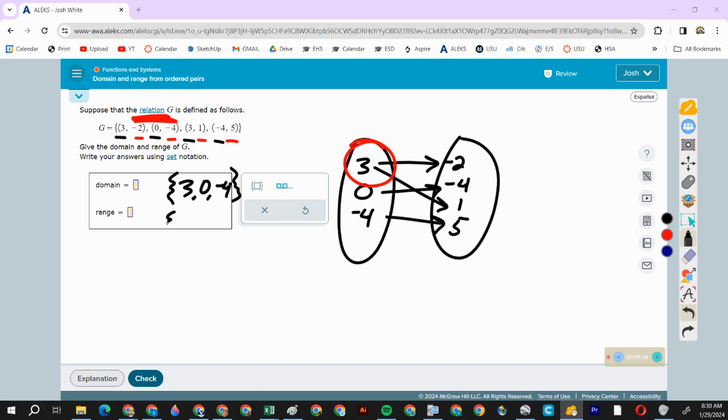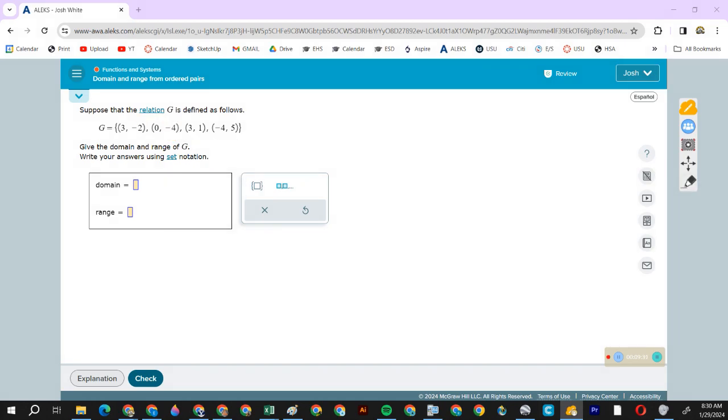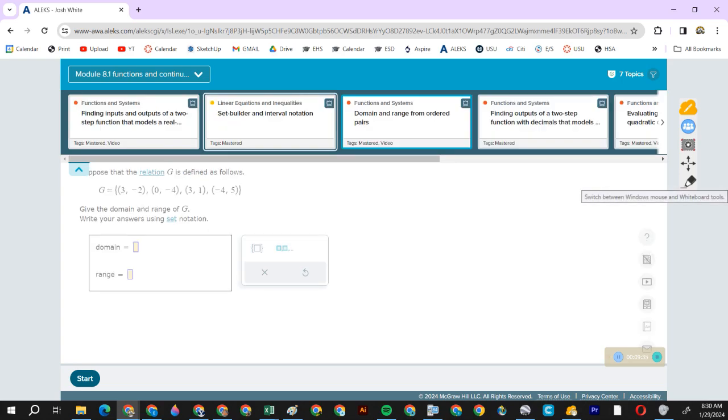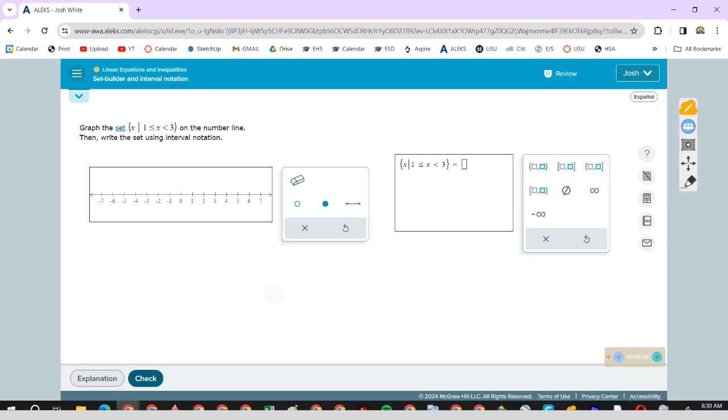And the range, funny little parentheses, -2, -4, 1, and 5. Okay?